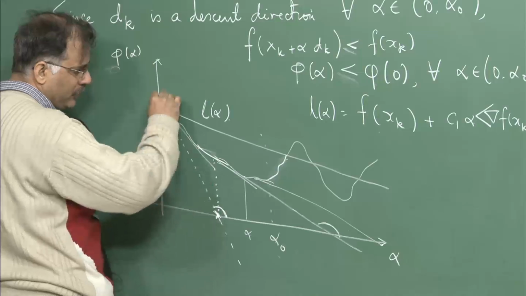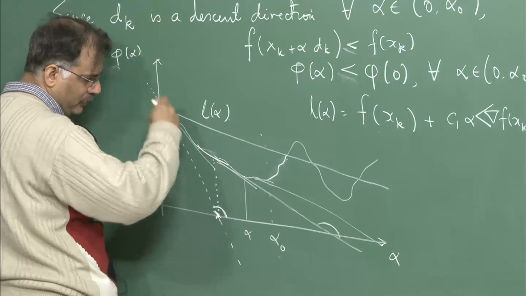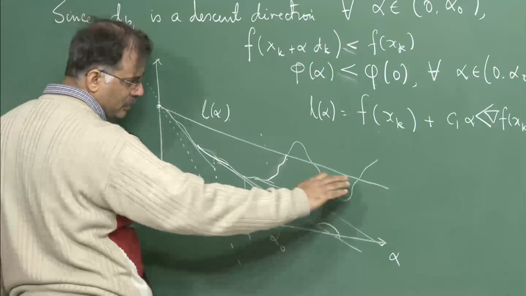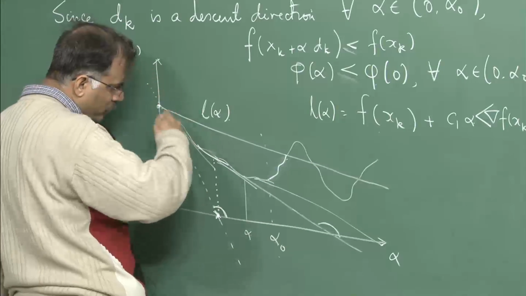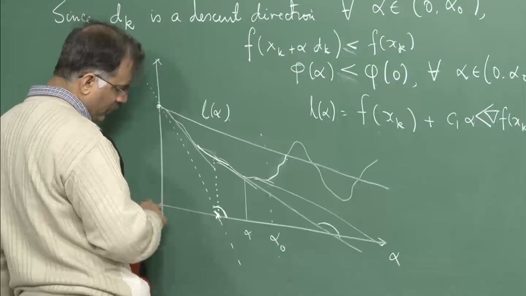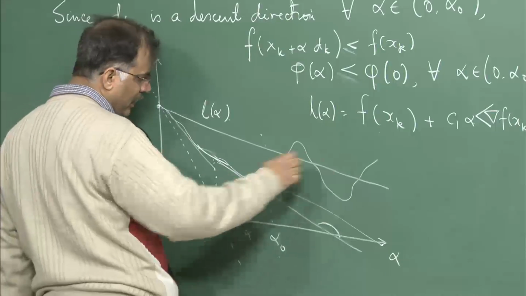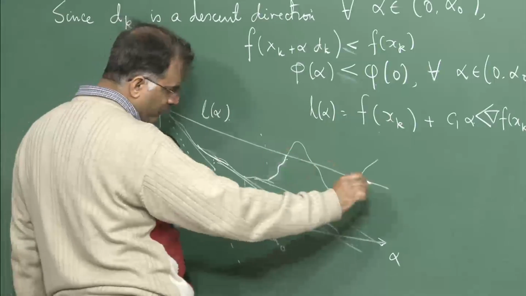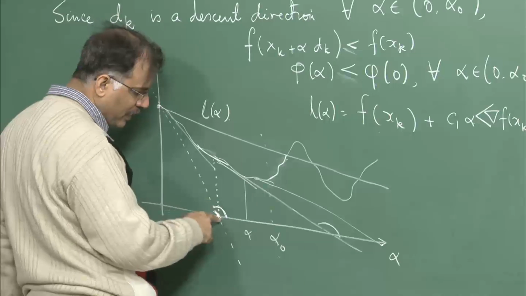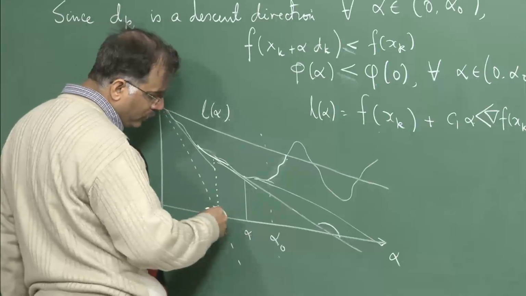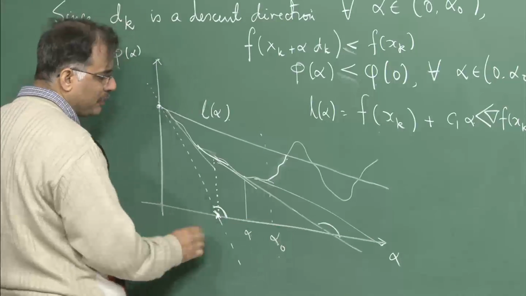So this is the whole idea, that you basically draw a tangent to the curve phi alpha at the point alpha equal to 0, and then you see where that tangent cuts the x axis. From there, till alpha naught, you consider your acceptable alpha.